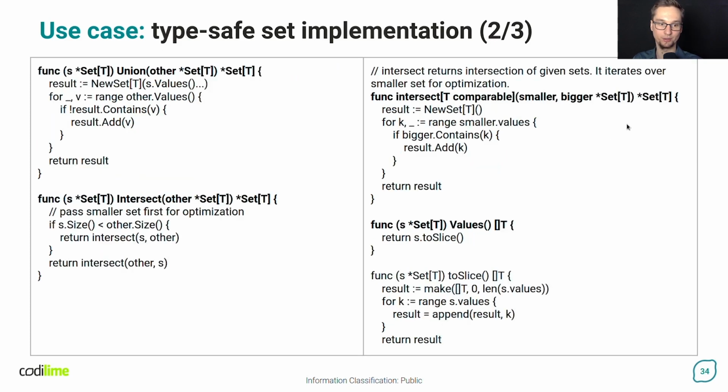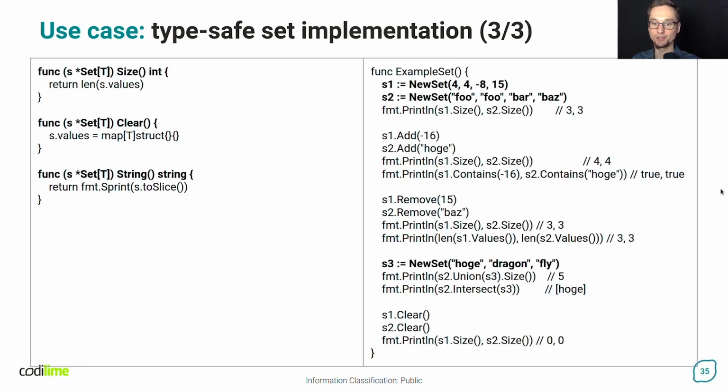We have implemented also union and intersect and other functions which are useful for a set. And here we have an example usage of such a set. So the user can create a new set giving several integer values, but also can create a set passing multiple strings. And can call all needed methods on those sets. So he can use size, add method, contains, and so on.